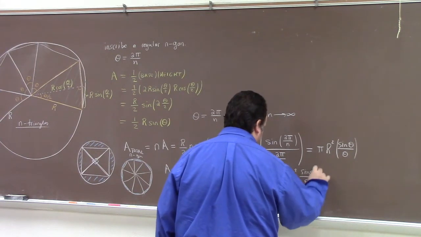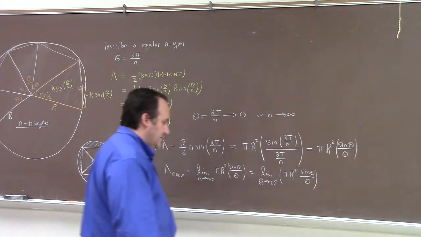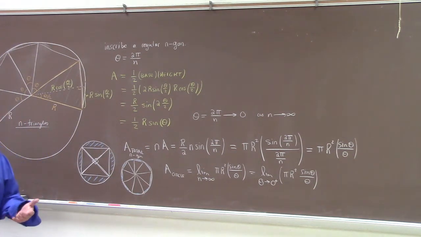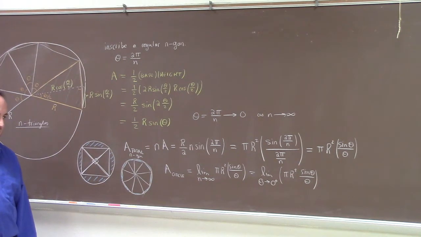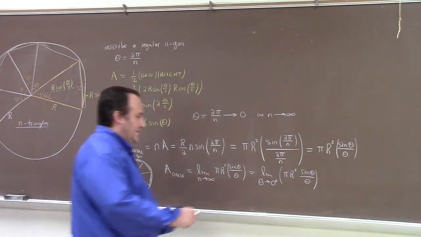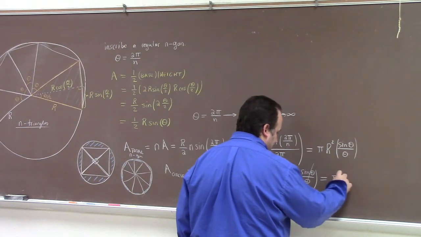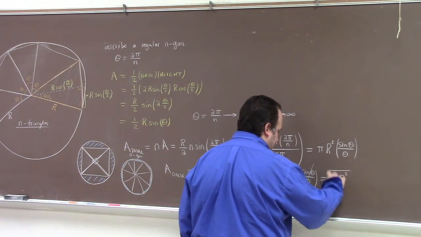But what did we learn about the limit of sine theta over theta? Remember, we made a geometric argument way earlier in the semester that proved that the limit as theta goes to 0 of sine theta over theta is 1. So this limits to 1, and we get, surprise, surprise, pi r squared.